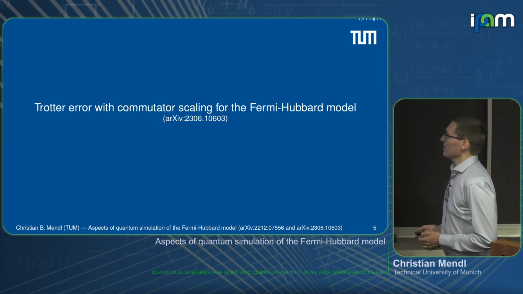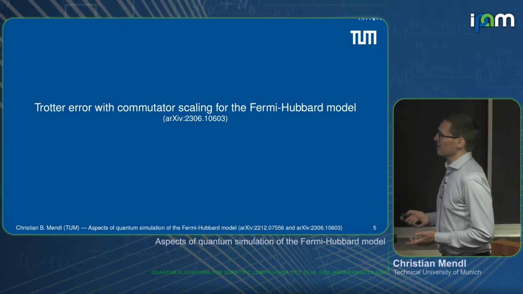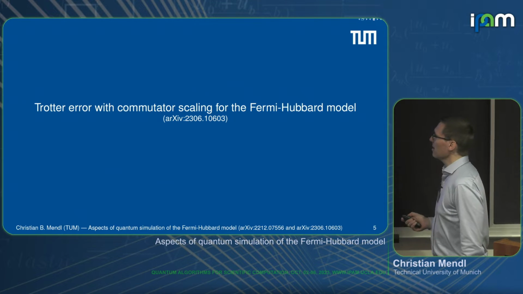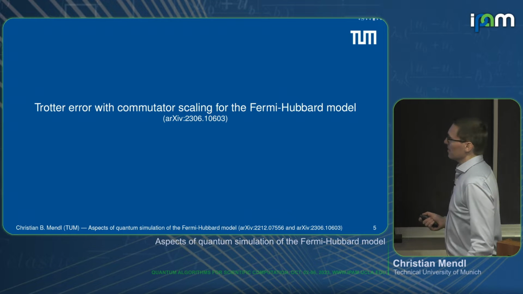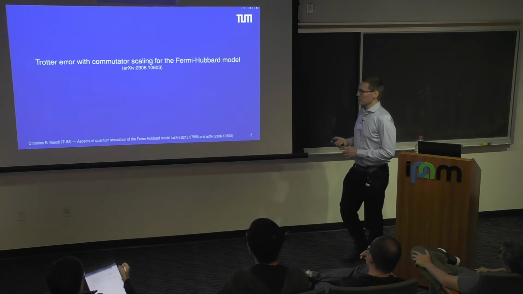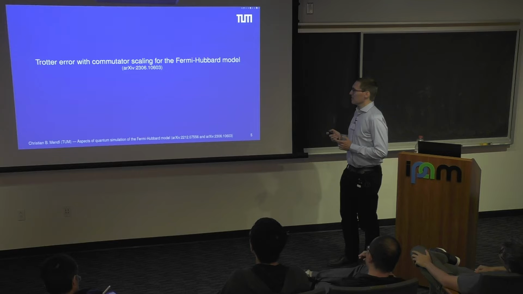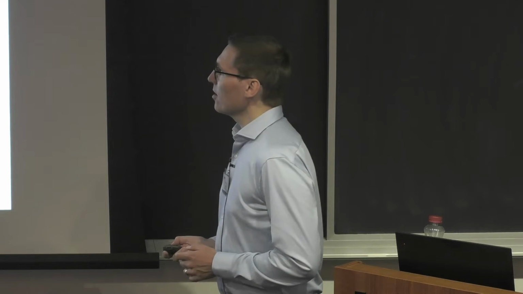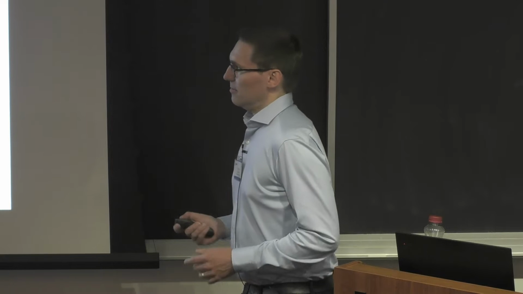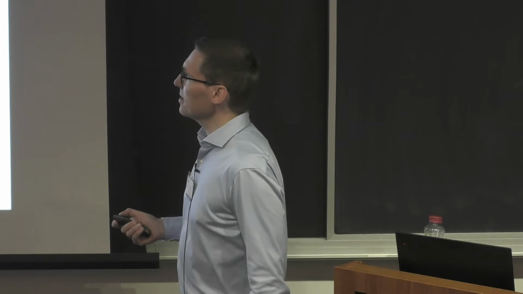Okay, but let's start with the first part, which is more like an analysis of errors. As I said, it's basically commutator scaling, and I will also show you a specialization to the Fermi-Hubbard model. You have probably seen this in one way or the other.